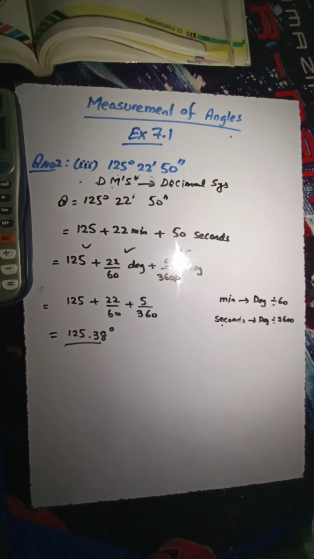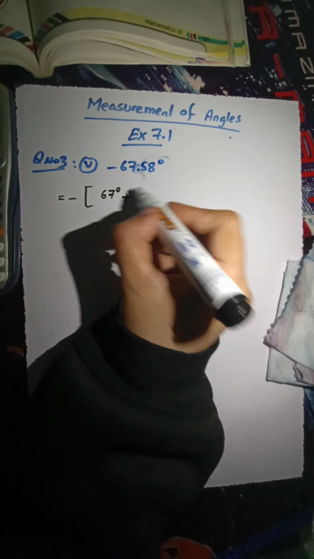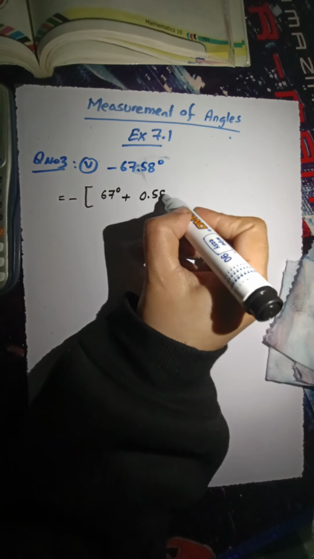It's all given in degrees and you have to convert these into minutes. For that, for the time being, just write the negative sign. It won't affect our calculation. The angle is 67 full degrees plus 0.58 degrees.